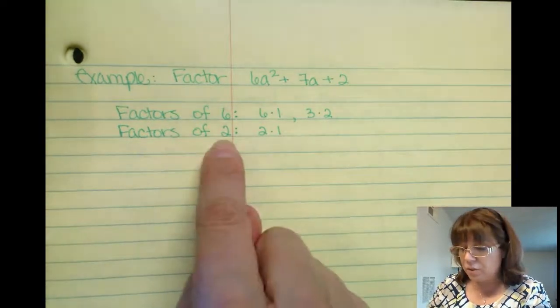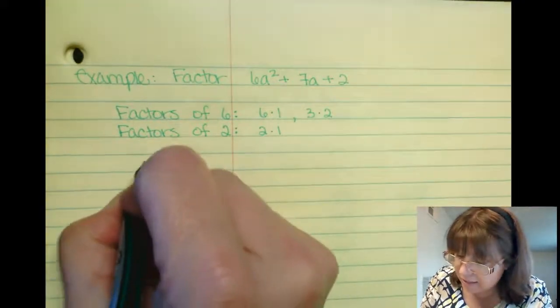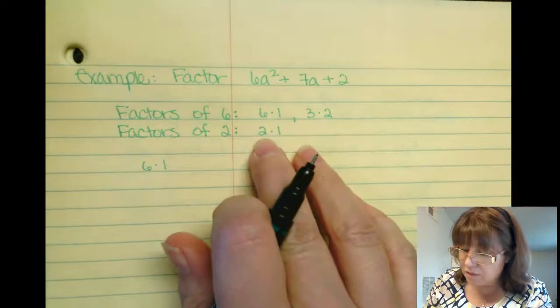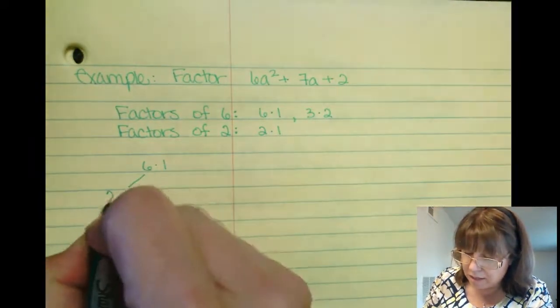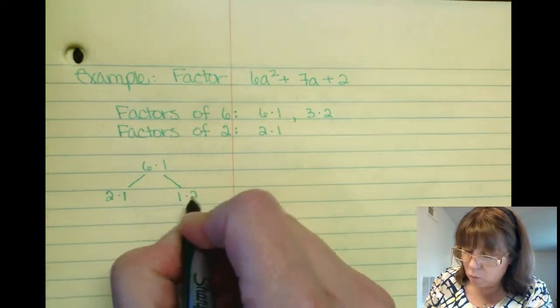The factor of 2 is 2 times 1. So I'm going to take the first, 6 times 1, and I have two options for the factors of 2. I can multiply 2 times 1, or I can multiply 1 times 2.